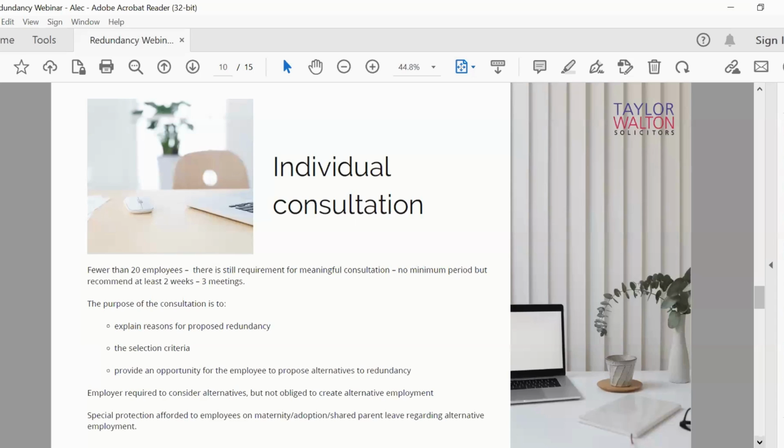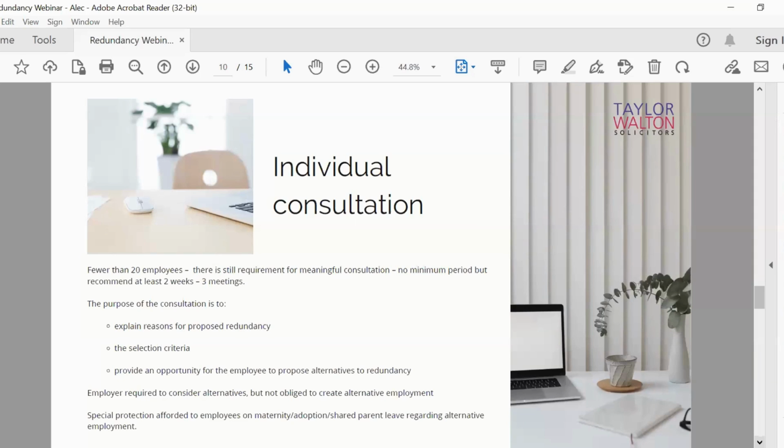Now, this is an area where some employers can make a big mistake, because unusually in redundancy and suitable alternative employment, if there is suitable alternative employment for an employee on maternity leave or adoption or shared parental leave, they take priority over other employees.